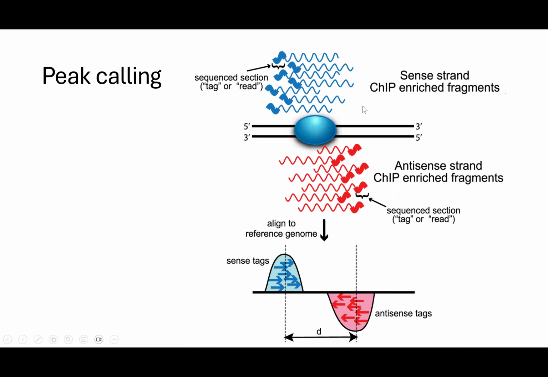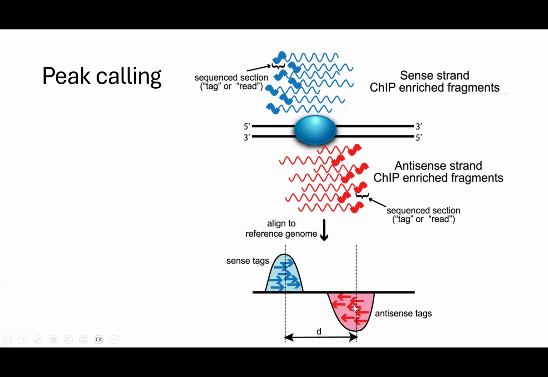The basic idea is that when you did ChIP-seq or CUT&RUN, you'll have sequencing reads that are oriented in one direction or the other based on which strand they're from. The actual binding site of the thing you're interested in is going to be in the middle of those two.